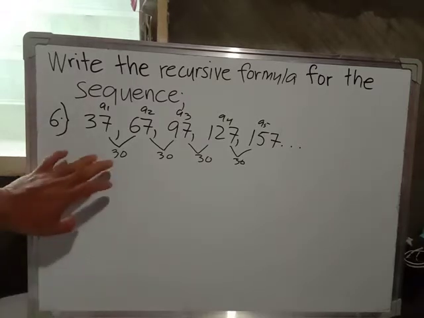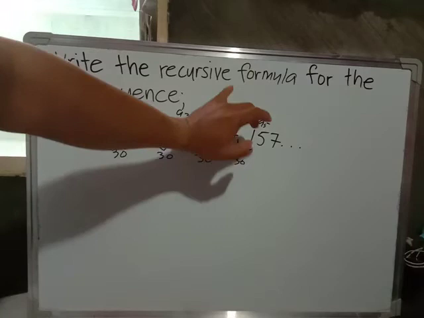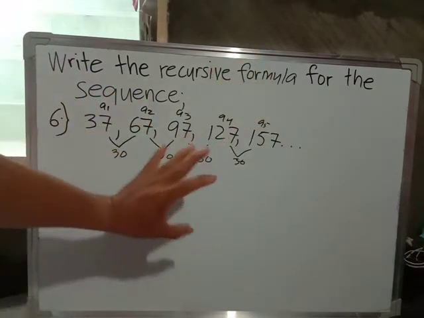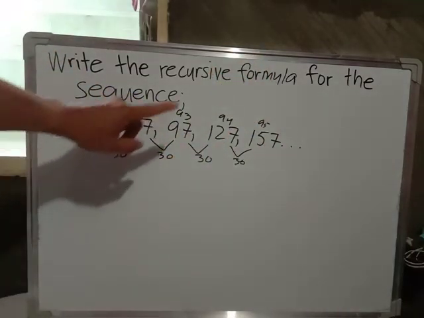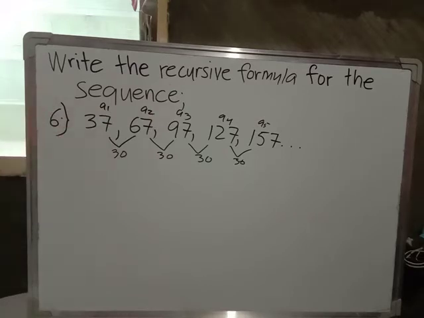May mga sequence na pwedeng mahanapan ng recursive at the same time explicit. Pero yung sa number 4 and 5, recursive lang talaga, hindi siya pwedeng explicit, kasi pag yung difference ay hindi constant, recursive ang magagamit.